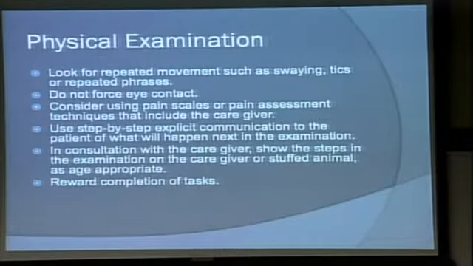Sometimes you have to say, okay, you can take the stethoscope and put it right here on your arm. You can take a blood pressure that way. You're going to feel a pressure on your arm. It won't hurt, but it's going to be a pressure. Don't tell them it's going to feel like a snake, because they don't like that. I've made that mistake before.